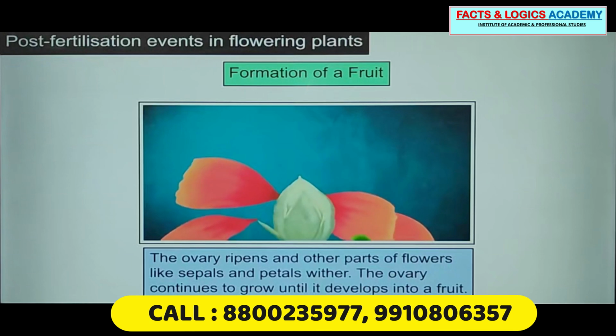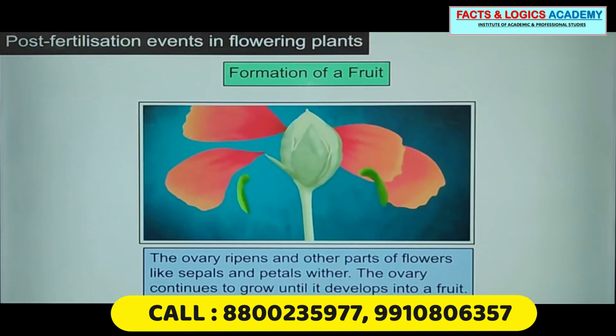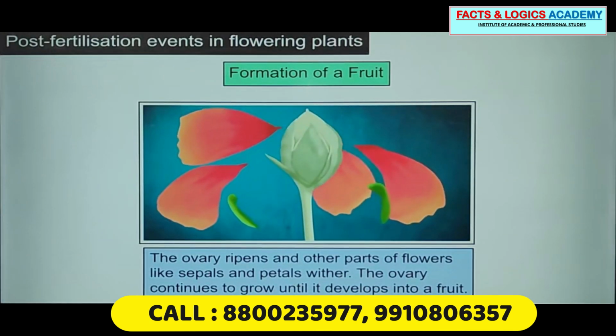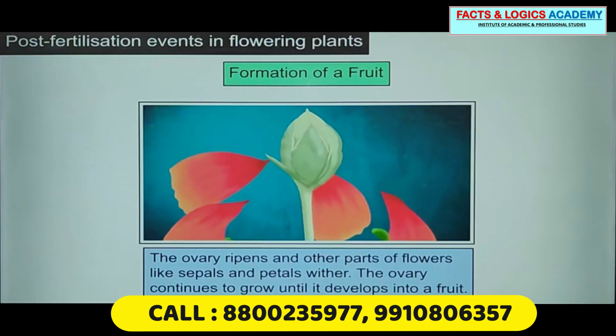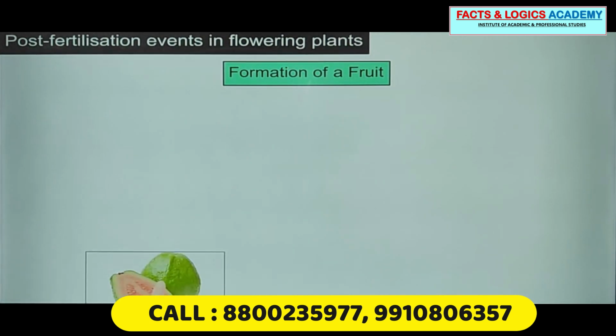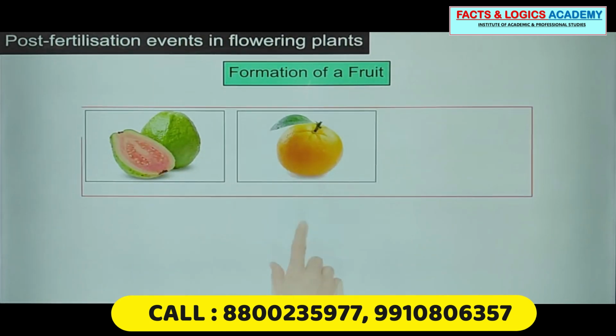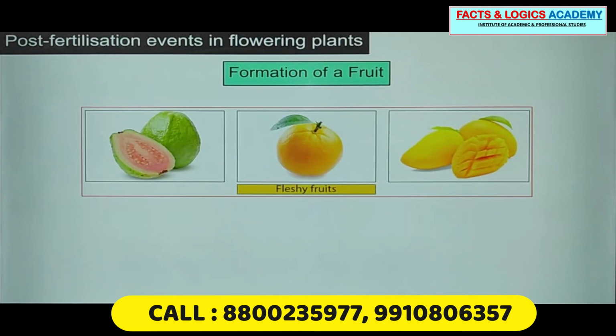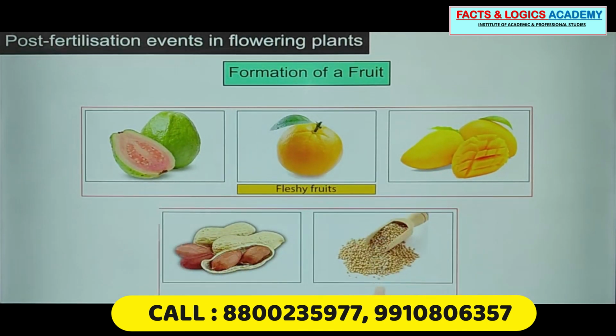The ovary ripens and the other parts of the flowers, like sepals and petals, wither. The ovary continues to grow until it develops into a fruit. The fruits may be fleshy, as in guava, orange, mango, etc., or may be dry, as in groundnut, mustard, etc.